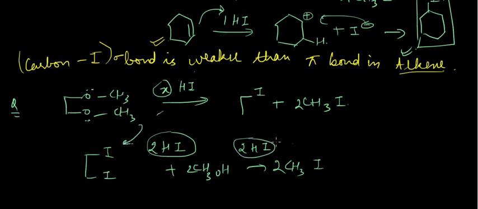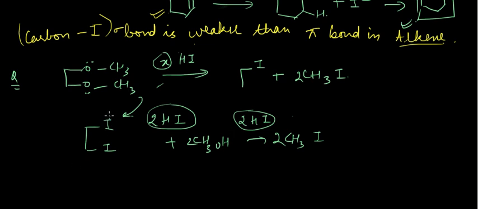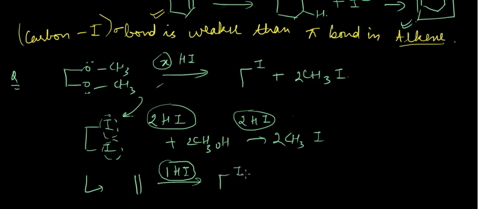Okay, and now as these two are good leaving groups and delta H is negative, to convert it into this double bonded alkene rather than having two single bonds, 1 mole of HI is required again to have an electrophilic addition reaction on the alkene, and this would be finally produced.